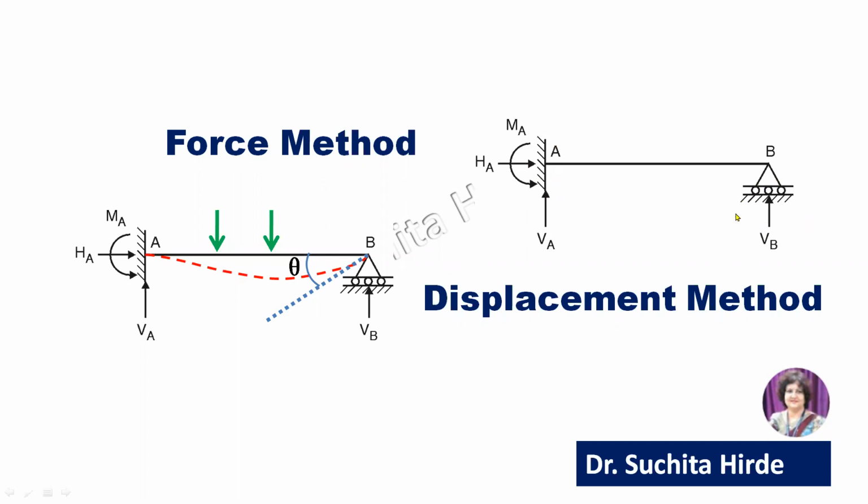We can consider VB as redundant or we can consider MA as redundant. So we have a choice of which reaction is to be considered as redundant. Since there is no unique choice in force method, this method is not suitable to develop a computer program.